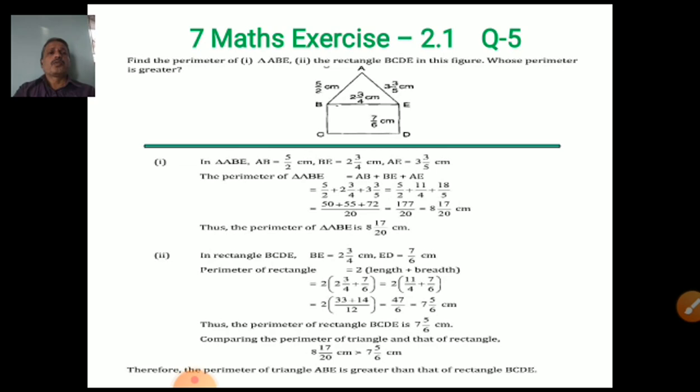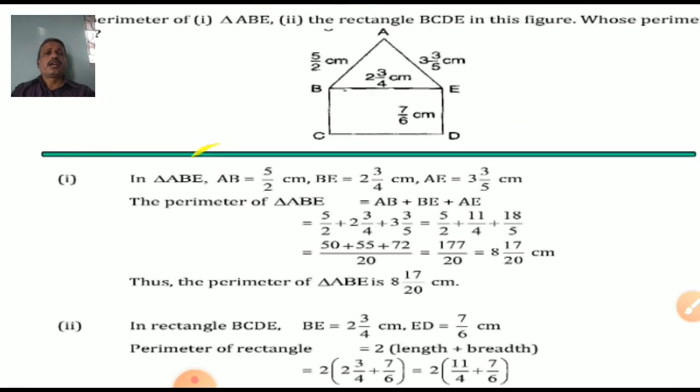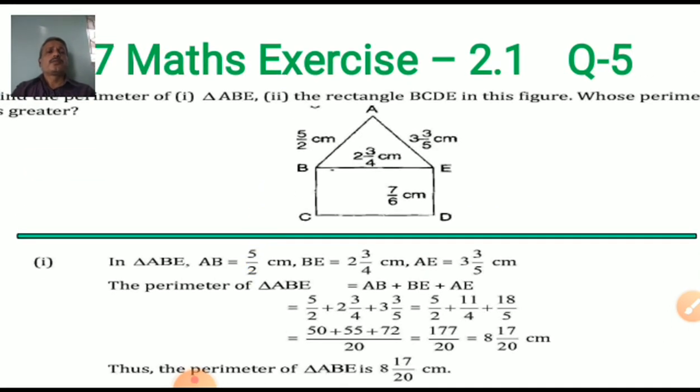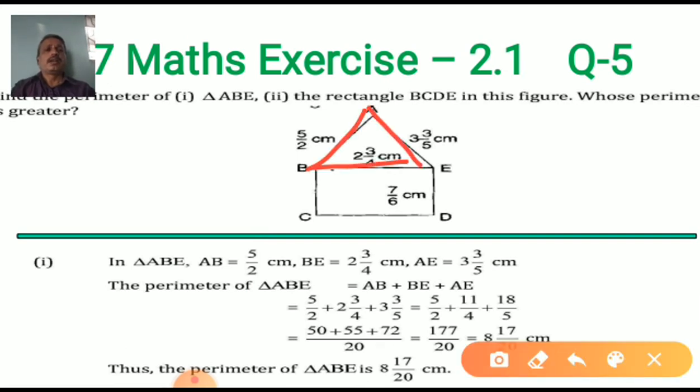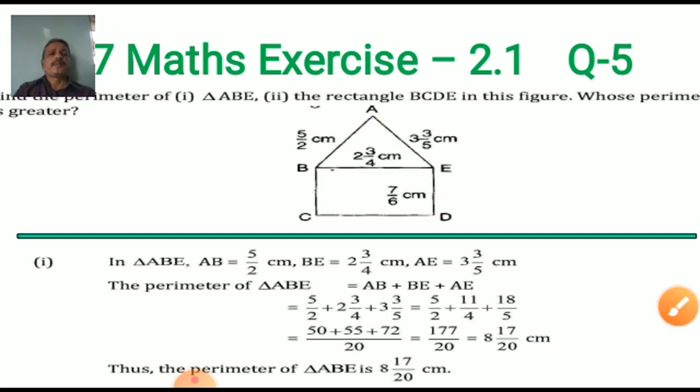Okay, one more question. Very good question, student. We have to find the perimeter, but this picture has two parts. One is a triangle and the second is a rectangle, student. So we will find the perimeter of both pictures and we can get the whole picture's perimeter.